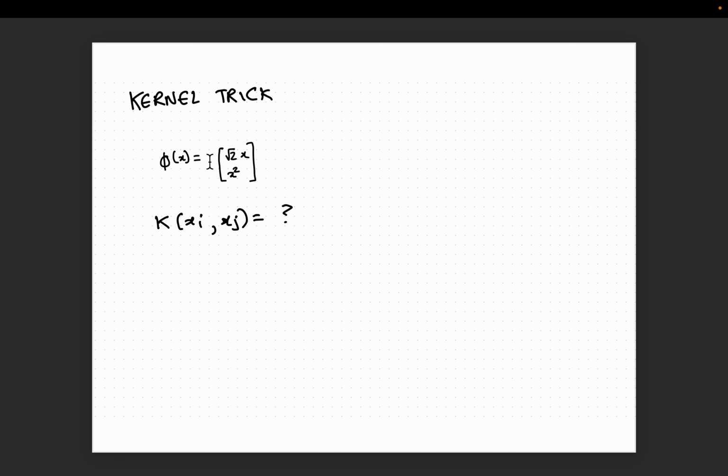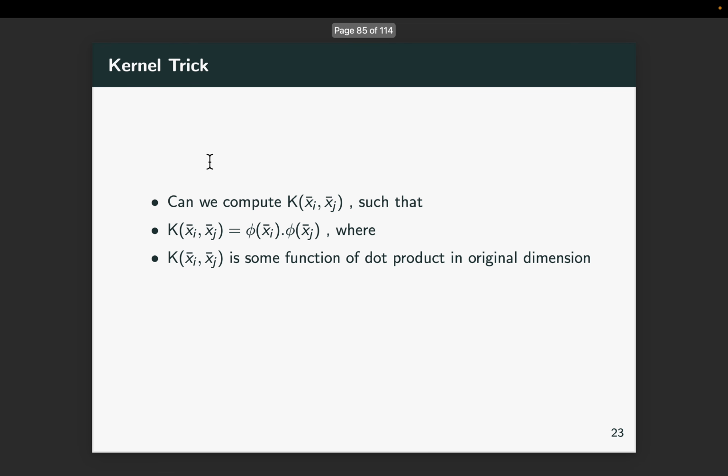Whenever you're given such questions, write down the first formula, which is k of xi comma xj equal to phi of xi dot phi of xj. Xi and xj are 2 points in the original dimension space. You do a transformation, after that you do the dot product, and then you're trying to see if there is a kernel function which has some dot product in the original dimension.